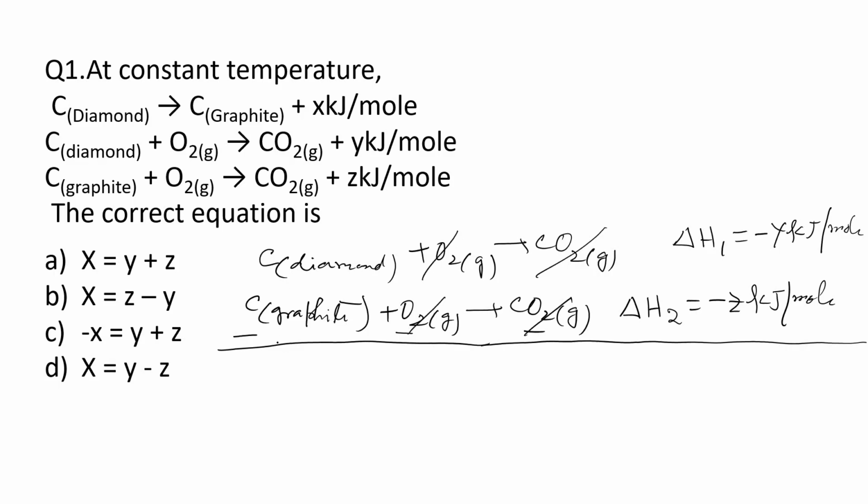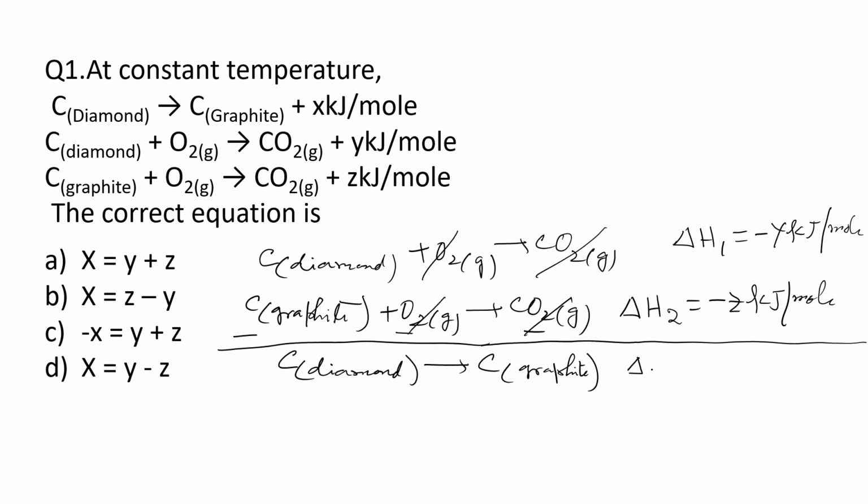So diamond minus graphite, that means the equation will be C diamond to carbon graphite. And what will be the delta H?